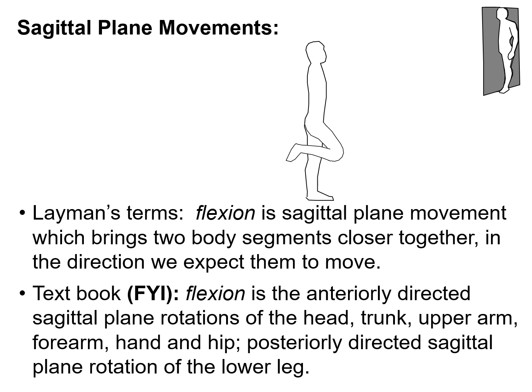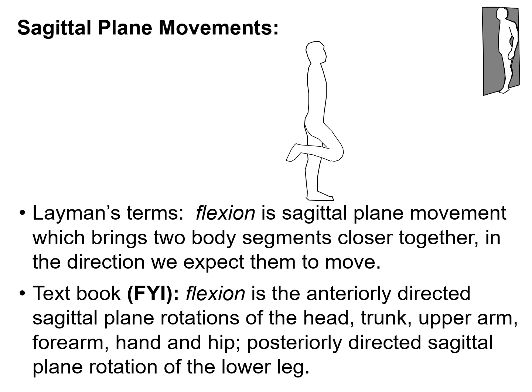So let's talk a little bit about sagittal plane movements. In layman's terms, flexion is sagittal plane movement which brings two body segments closer together in the direction we expect them to move. This is correct, but I prefer the textbook definition in which flexion is the anteriorly directed sagittal plane motion or rotation of the head, trunk, upper arm, forearm, hand, and hip.